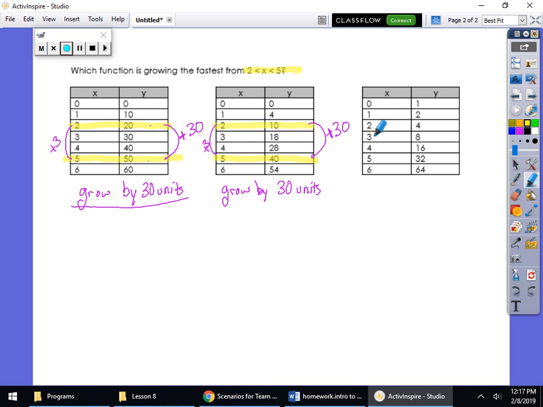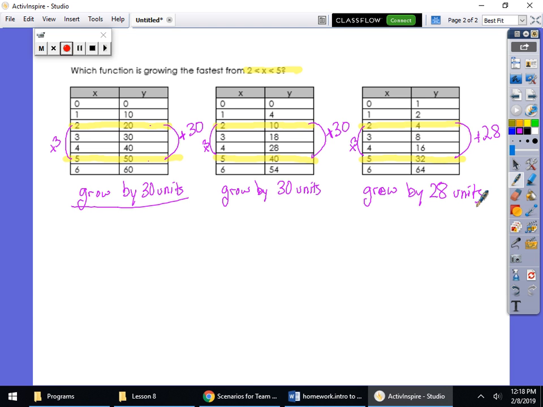It's saying 2 to 5, so the interval from 2 to 5. From 4 to 32, that's 28. This is still plus 3, they're all plus 3. So this one grew by 28 units.